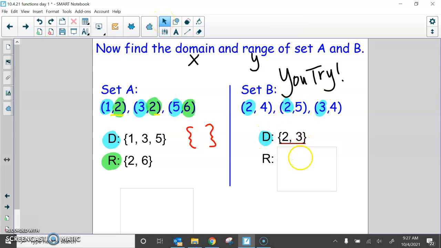So your domain should have been a 2 and a 3. Your range, we're looking at the y values, which is always the second number in our coordinate pairs. So we have a 4, a 5, and a 4. So your range is just 4 and 5. And make sure when you're writing your domain and range, it's smallest number to biggest number.